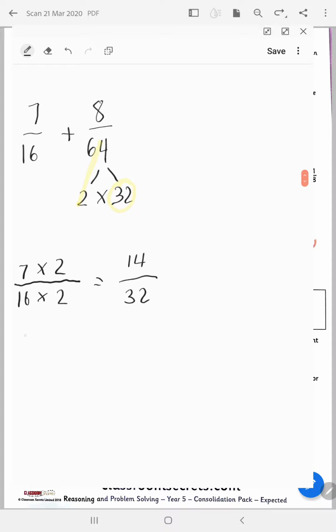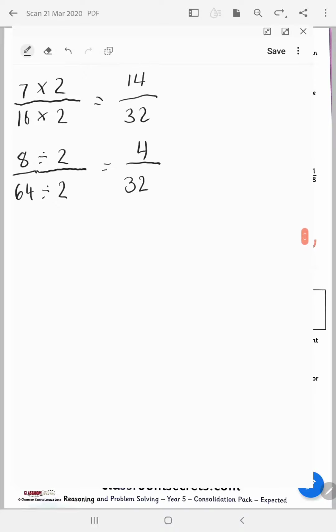And with my 8 over 64, I'm going to extend my fraction. And I know that if I divide 64 by 2, I will get 32. And if I divide my denominator by 2, I also divide my numerator by 2. And I will get 4 over 32. I can then add my fractions.